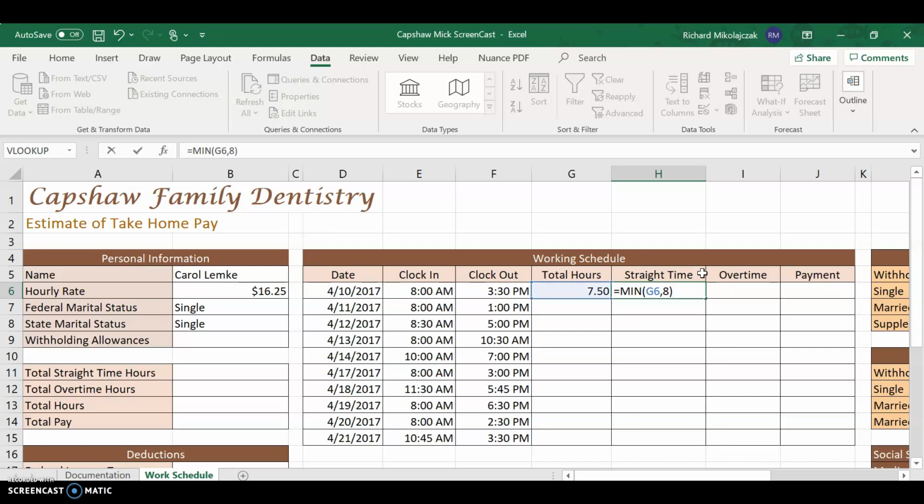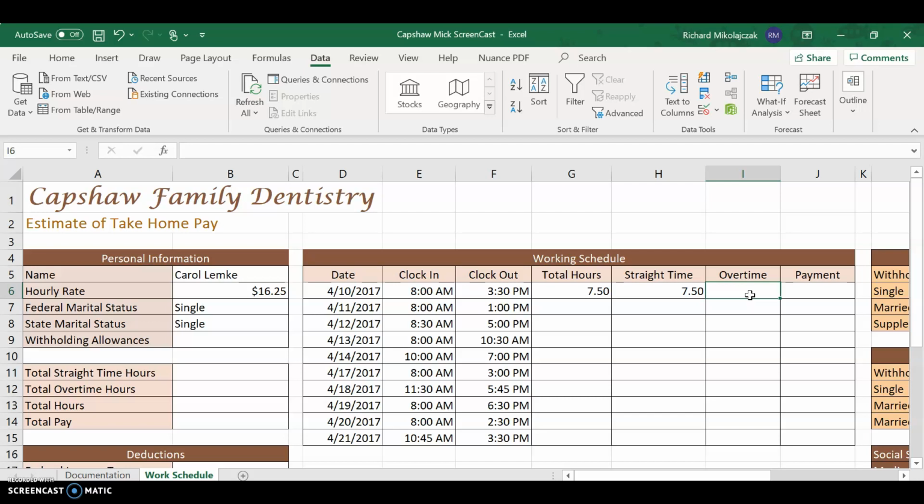So we should see that as 7.5 still. And it is. If it was over 8, it would have had 8 and anything beyond that amount. And that's why we're going to get the amount here.